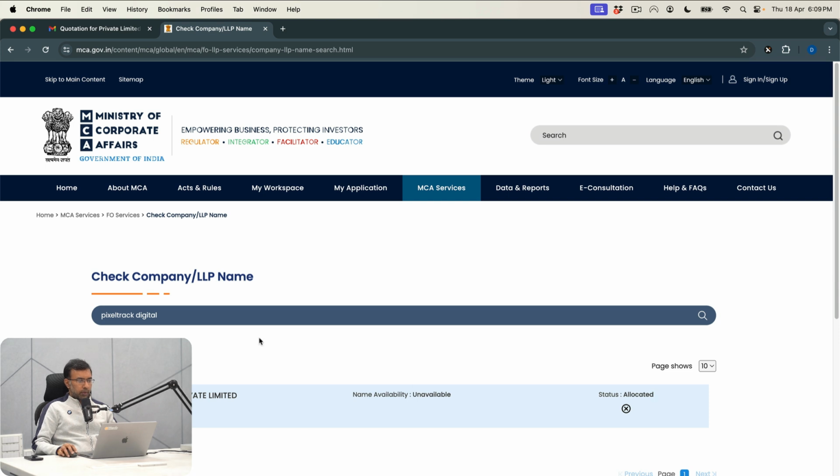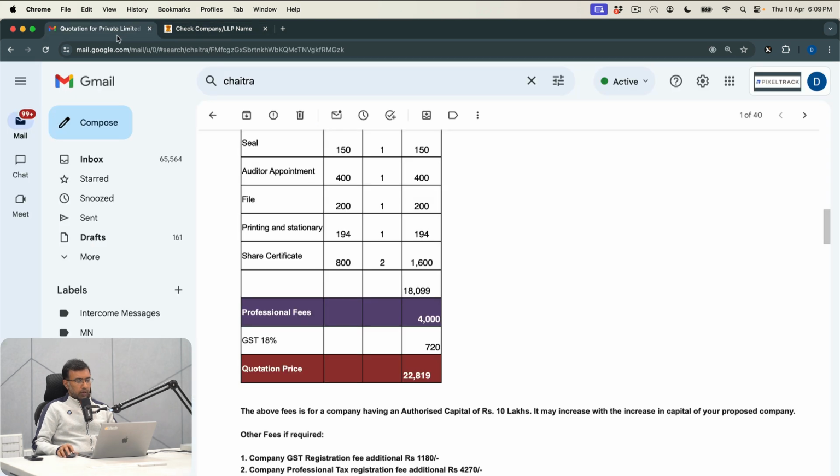So hopefully the name will be allocated, and once the name is allocated, AOA, MOA will come, and then we have to open the bank accounts. Then we have to apply for a payment gateway account, which is also another lengthy process. But thankfully, we have our professional CA's office who will handle most of the compliance and legal requirements.